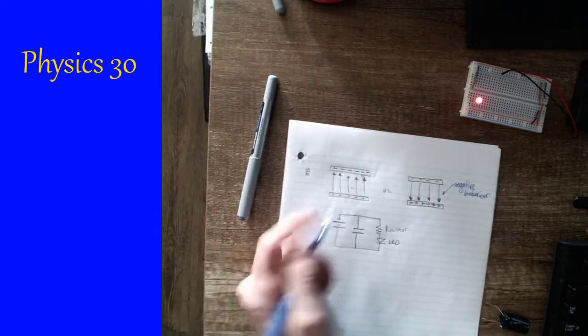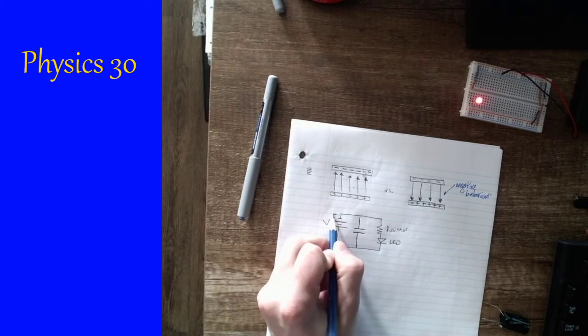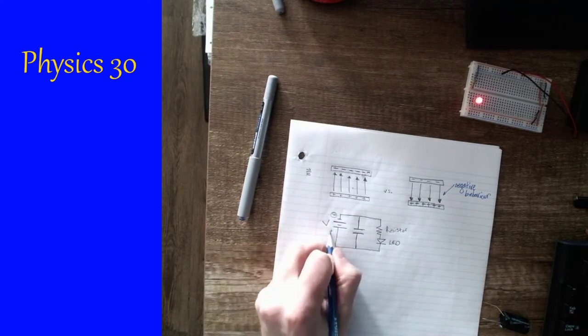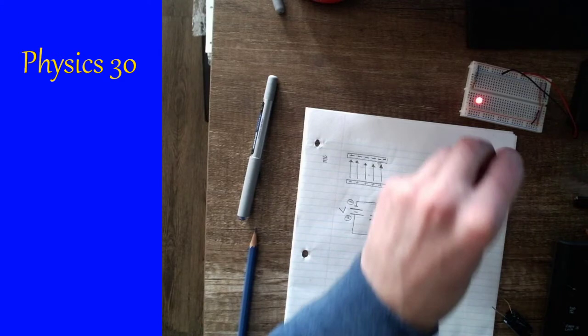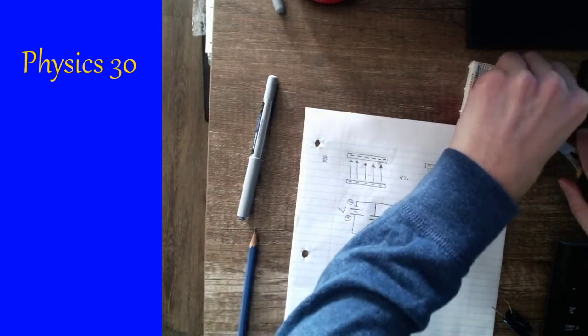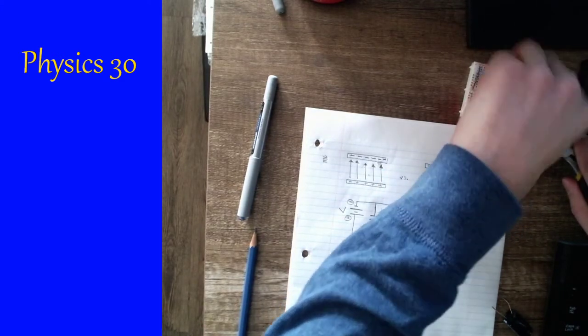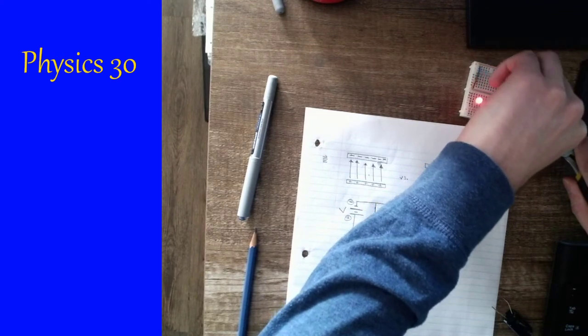And as we do that, you can think about what's actually happening in a circuit. And here's our negative end of the terminal. Here's our positive end terminal. And we're going to connect a capacitor parallel to our LED.